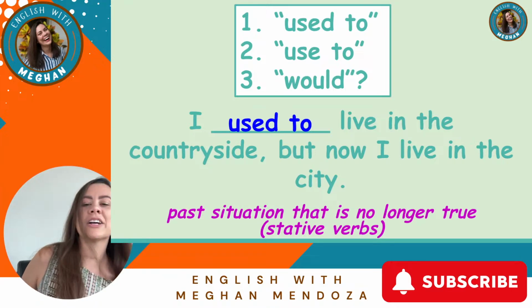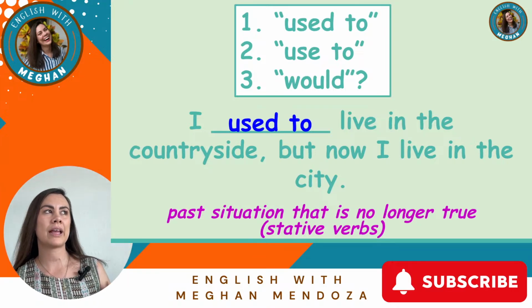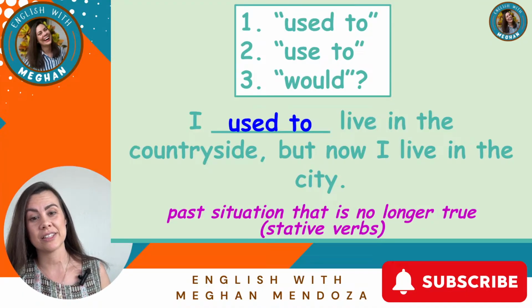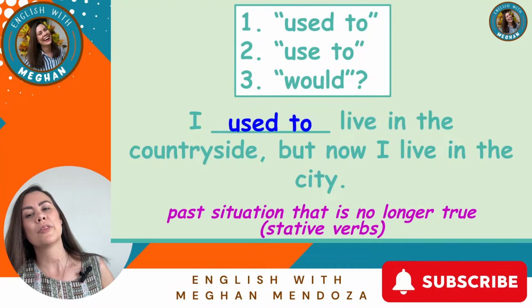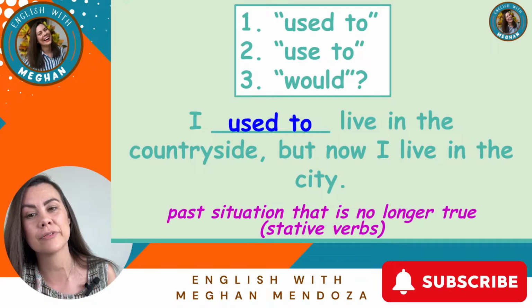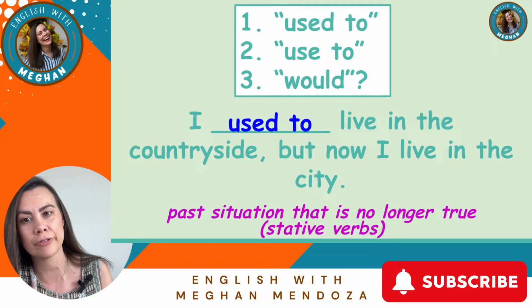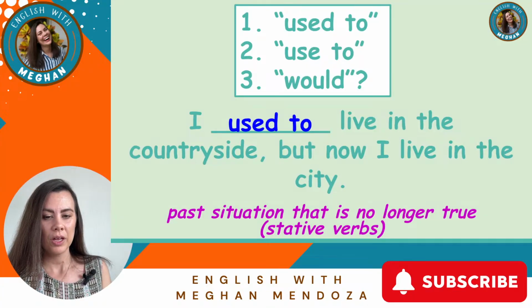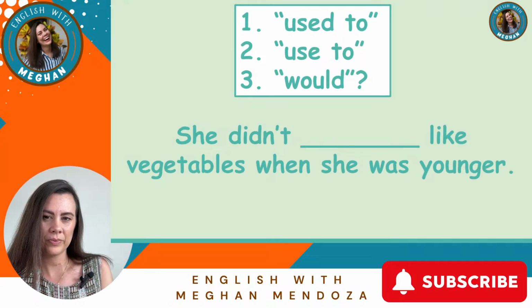But actually, that idea of now is in all of these sentences when we talk about past repeated action. But the reason here that we can't actually use "would" is because "live" is a stative verb. Okay, that's really important. It's not an action.